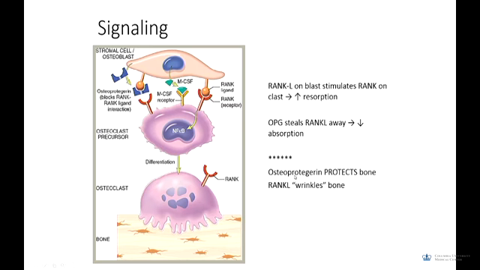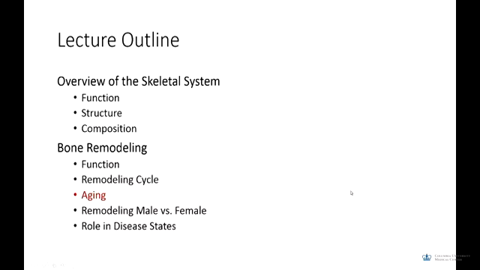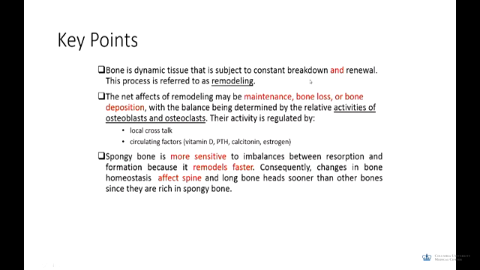So a good way to remember it is that osteoprotegerin protects the bone, and RANKL, or RANK ligand, wrinkles the bone. Oh, sorry. So bone is always being broken down and formed. It's under regulation by different signaling pathways and vitamins. And spongy bone is more sensitive because it undergoes the cycle faster than cortical bone.